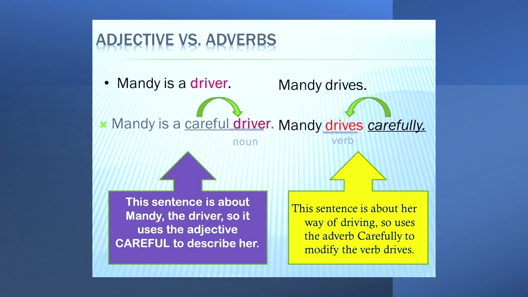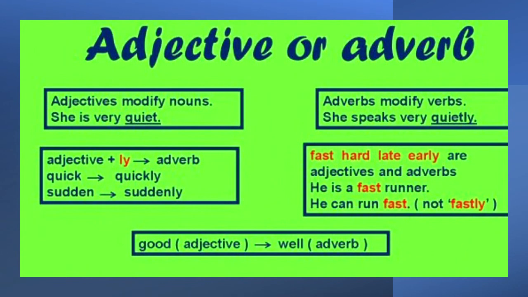So that means an adjective tells you about your noun or pronoun. On the other hand, an adverb adds information to your verb. Okay. Here is another example. She is very quiet. Now here quiet tells you how she is. It describes she, which is a pronoun. Okay. So quiet is an adjective.